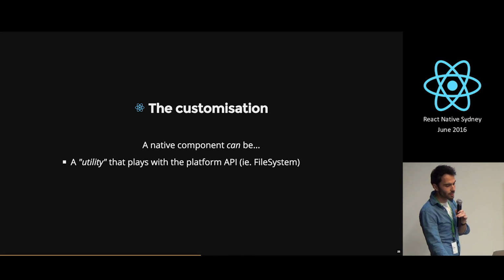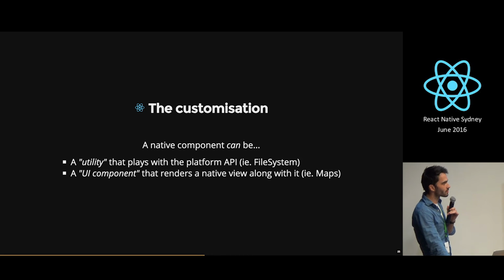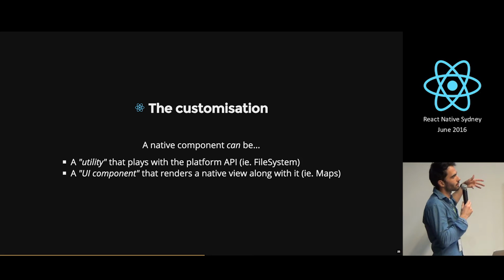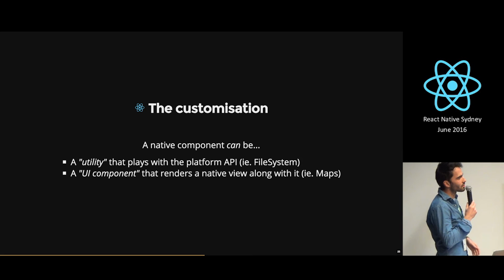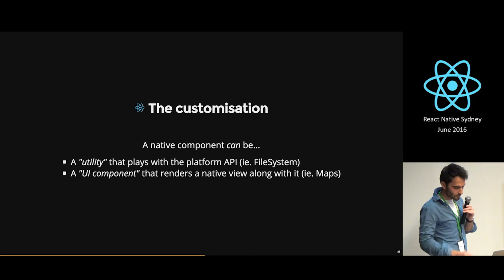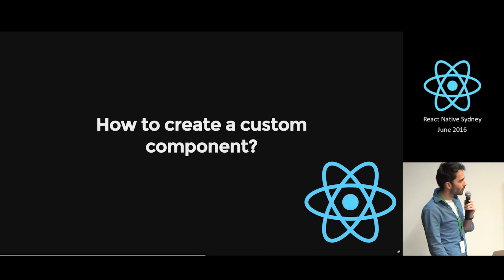And the other one is the UI component. It does that, and as well it renders something in the native code, like a UIView or whatever. So these two components, you might ask, oh, how am I going to create that? And I'm here to explain that to you with a bit of demo.